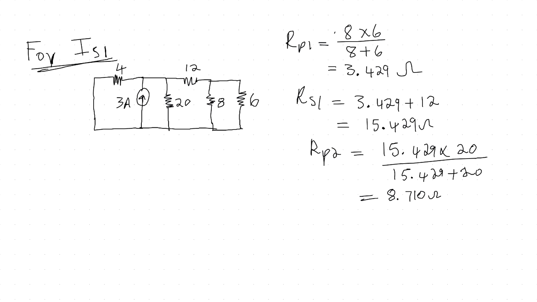So now we will be left with something like this. Allow me to put the resistor there. So my RP2 is over there, which is 8.710, and then 4 ohm.